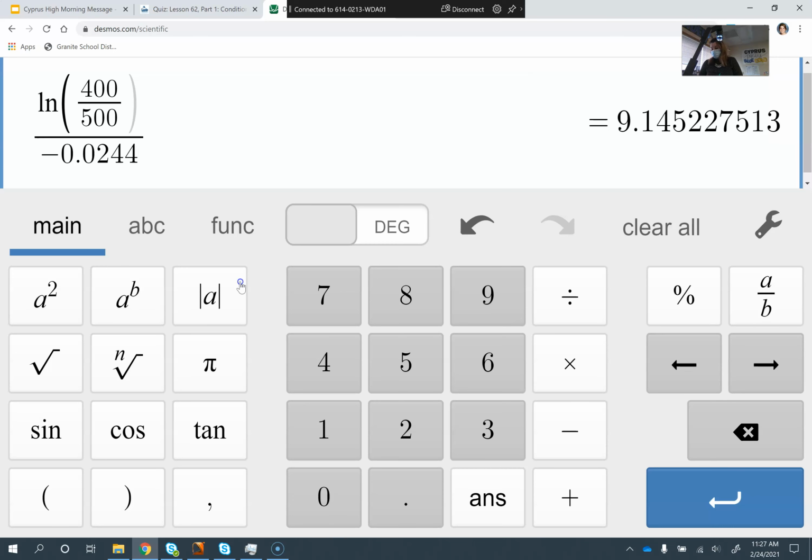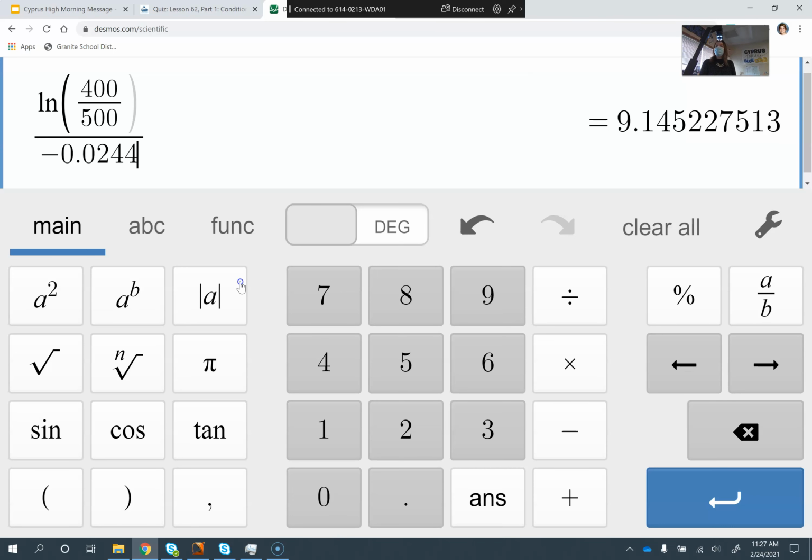Okay, well, let's make sure that we know all the pieces that we have. Our start was 500. We want to know when this will be cut in half. So what is half of 500? Divide it by 2 or multiply it by 0.5. 250.